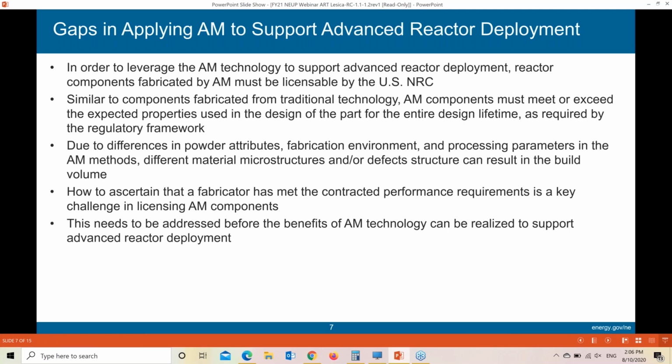And so how do we do that? Just as components fabricated with traditional technologies, these additively manufactured components have to meet or exceed the expected properties that were used to design the part. And we need to have an assurance that it's going to meet those properties for its entire lifetime.